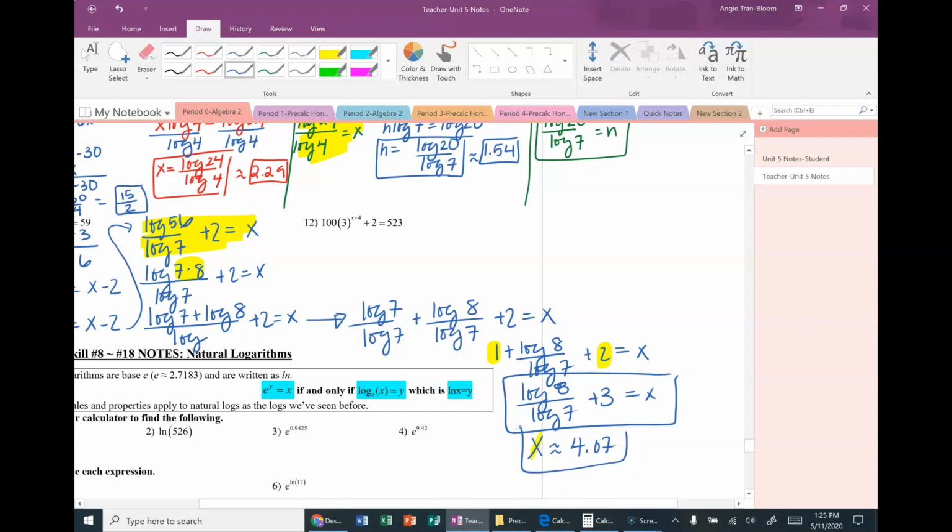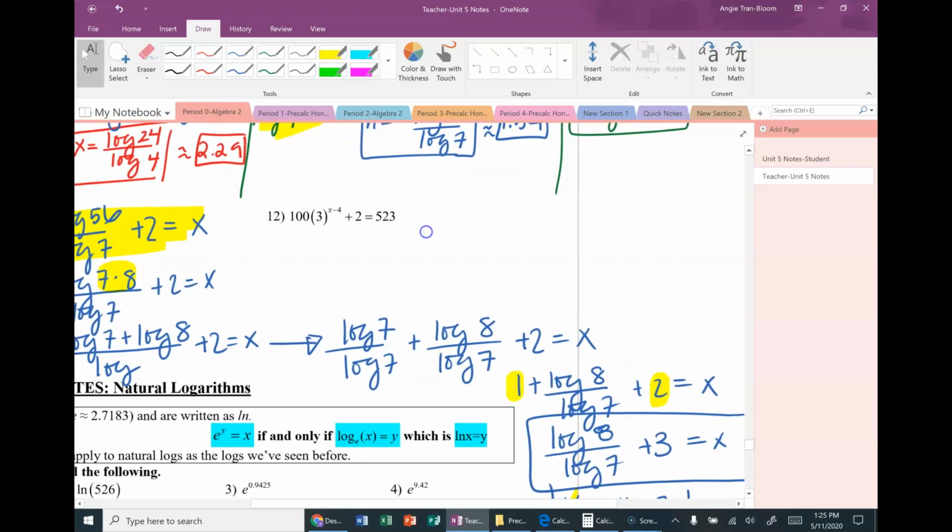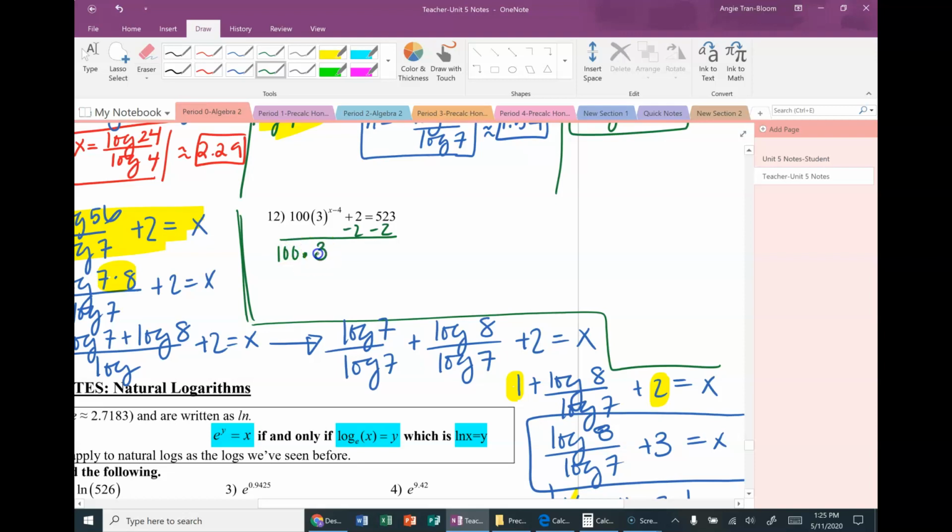Last example, okay? First, you have to isolate your exponential. So I'm going to use a green pen to not invade the other space here. Okay, so minus 2, minus 2. 100 times 3 to the x minus 4 equals 521.